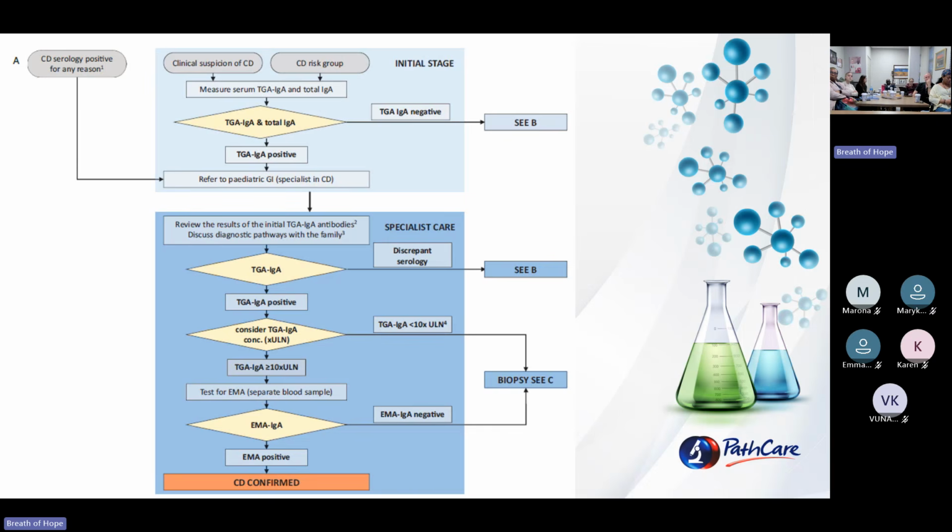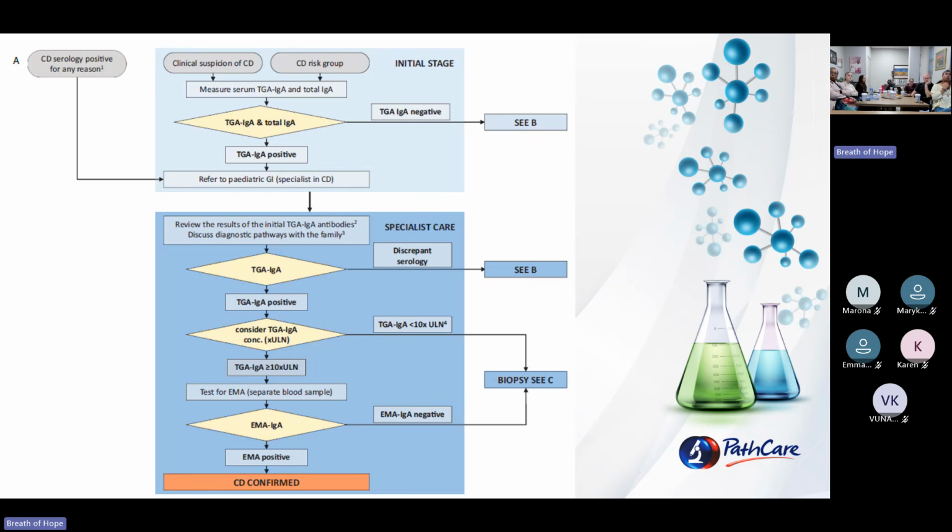If you are the specialist, you review the results of the initial tissue transglutaminase IgA antibodies. If they are positive and greater than 10 times the upper limit of normal, as mentioned before, test for EMA. And if that's positive, then the celiac disease diagnosis is confirmed.